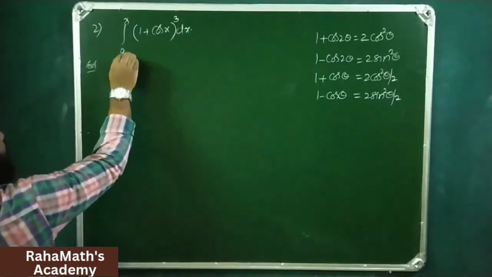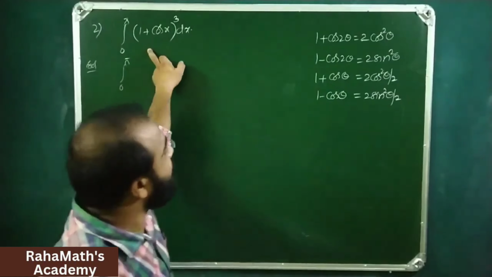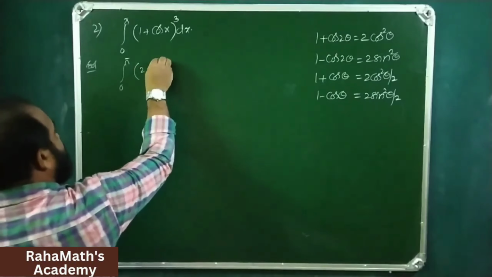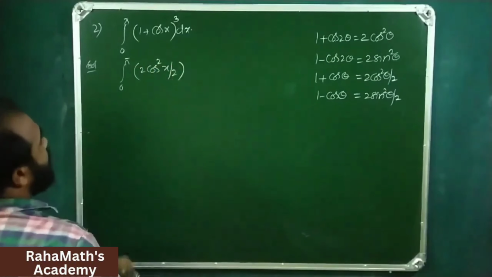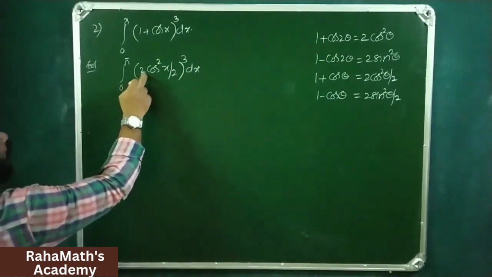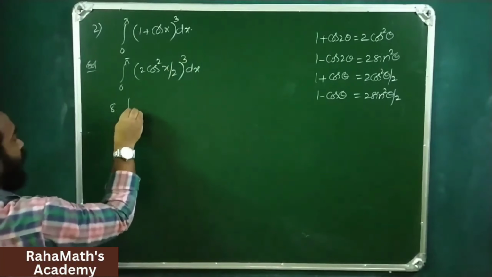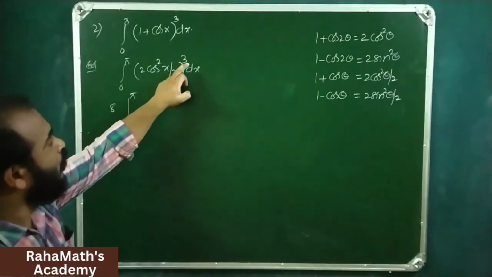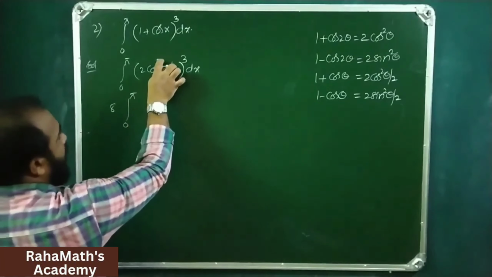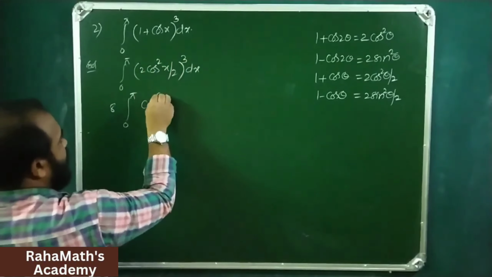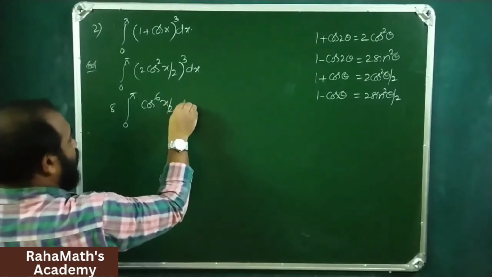Now, integral 0 to pi, 1 plus cos x is 2 cos square x by 2, power 3, into dx. So it will be 2 cube, 8, integral 0 to pi, cos square x by 2 whole cube. So a power m whole power n is a power mn, cos power 2 3s are 6, x by 2 dx.